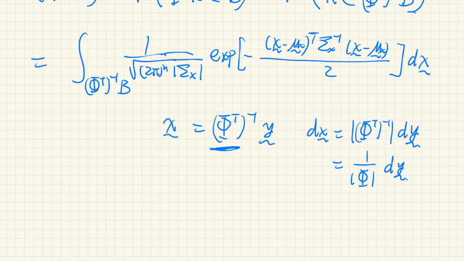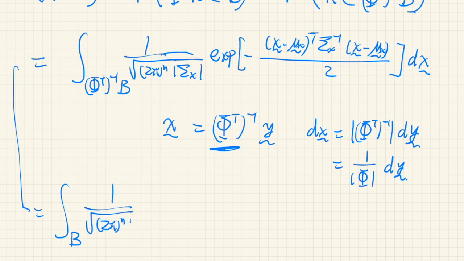So by this change of variable, this integral becomes an integral over the region B, and let's put this as it is here, sigma x determinant and exponential. So we change this x to this, and mu x to phi transpose inverse times mu x.